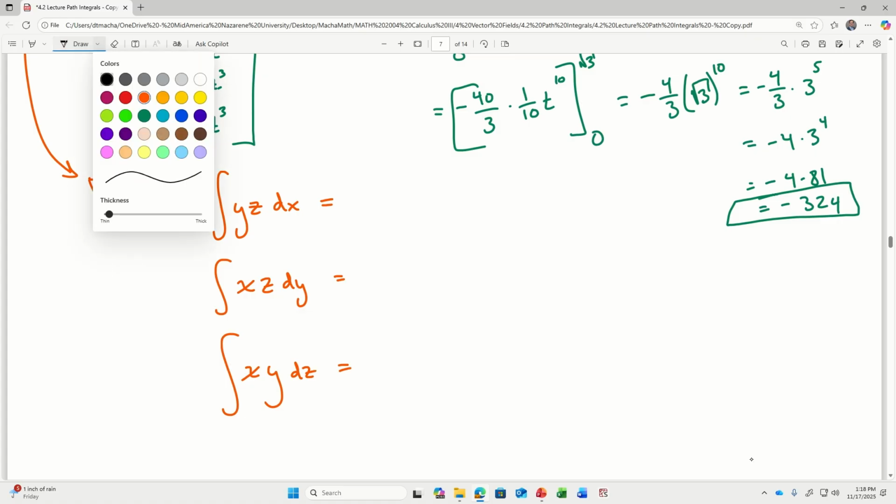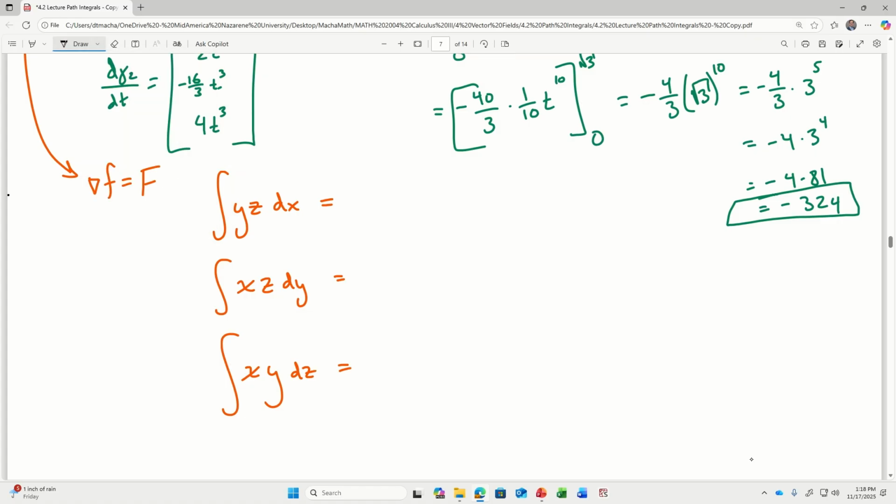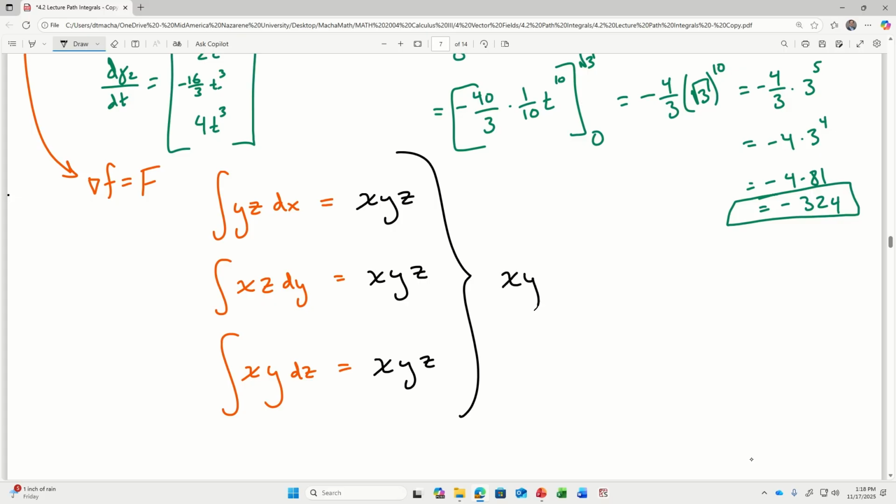So what is the antiderivative of yz with respect to x? xyz. What's the antiderivative of xz with respect to y? xyz. What's the antiderivative of xy with respect to z? xyz. And so this doesn't always work out exactly like this.